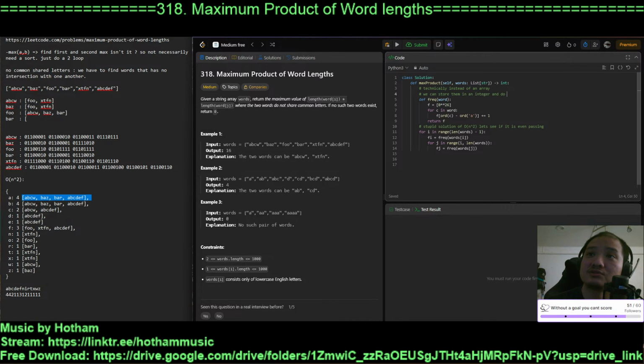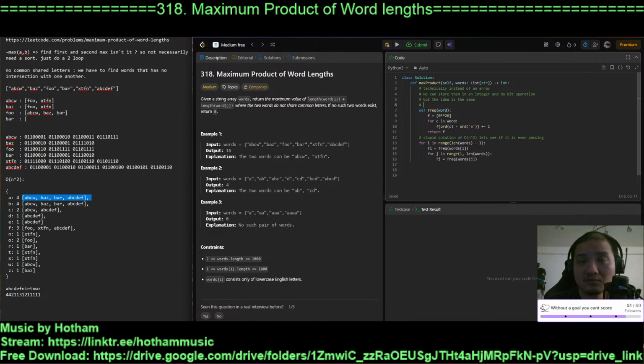And do bit operations, but the idea is the same, but with the bit operation. You can do XOR to see common letter. I think that's the thing, but that's fine for now.